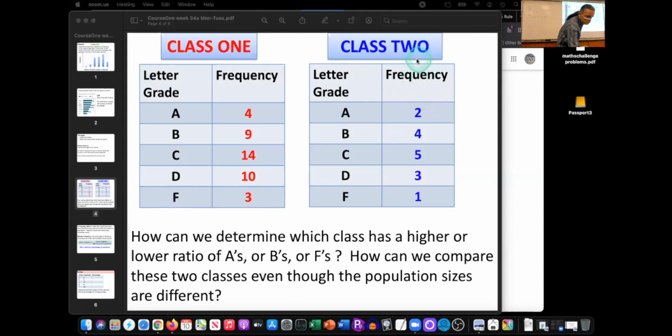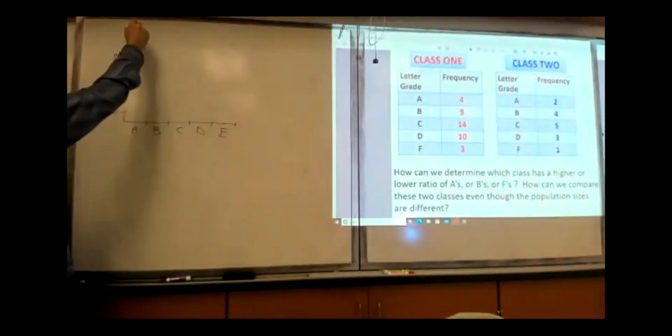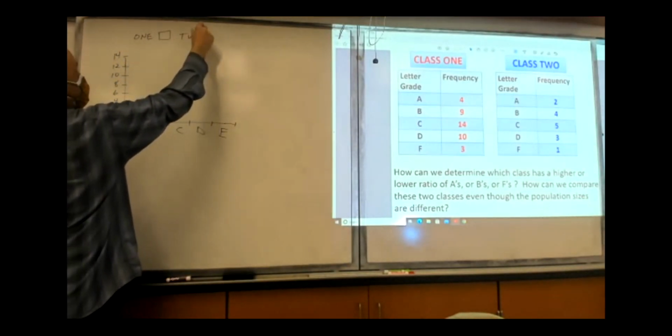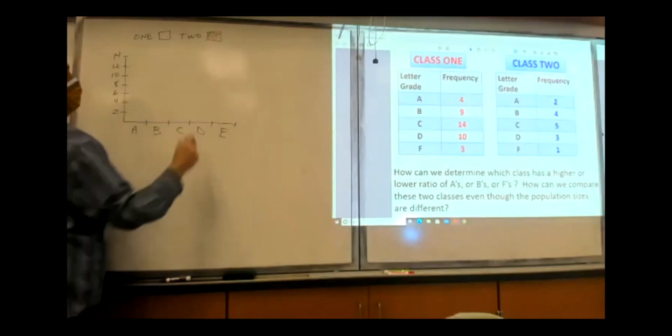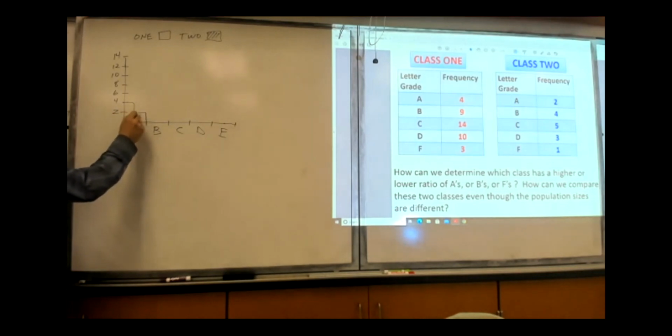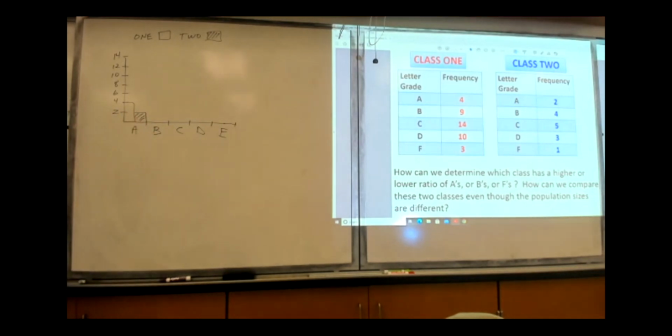Okay, and so what I'll do is class 1, I won't shade. The class 2 bar, I will. Okay, so there's 4 A's in class 1. So I'll split this into 2, so 4 A's. And there's 2 A's in class 2. Okay, so notice we can put the 2 bars together and compare them visually.